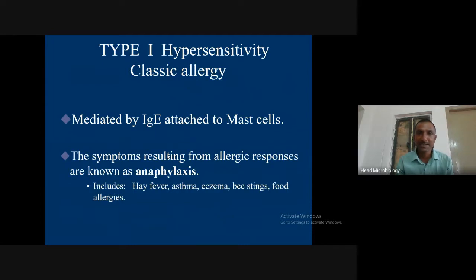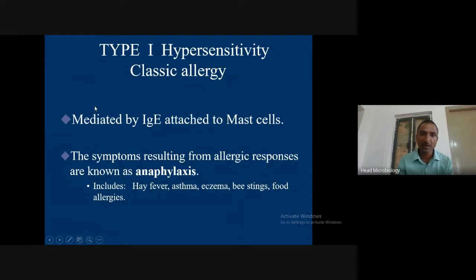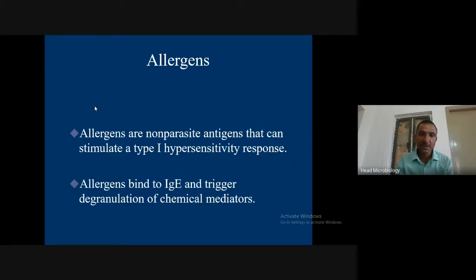Type 1 is a classic allergy. We already discussed it. It is mediated by the IgE immunoglobulin attached to the mast cells. The symptoms resulting from the allergic response are known as anaphylaxis, including heavy fever, asthma, eczema, sweating, food allergies, and different allergens.